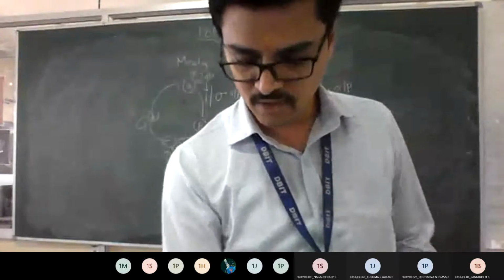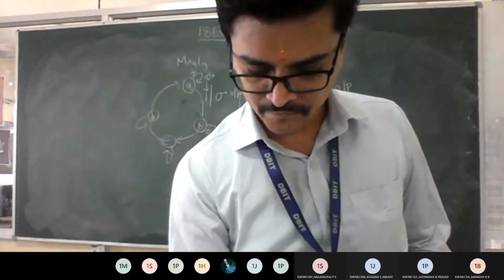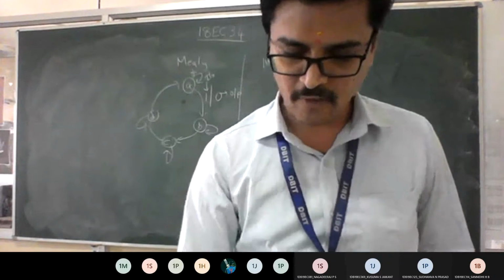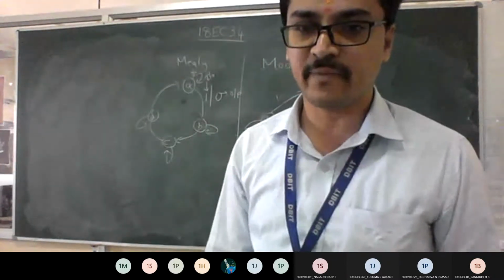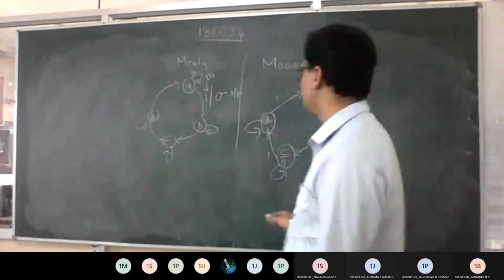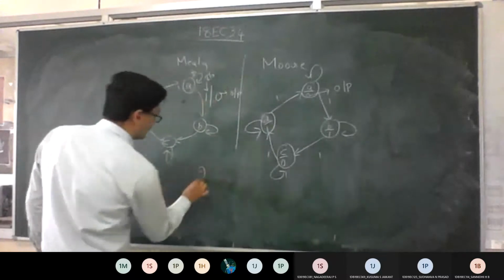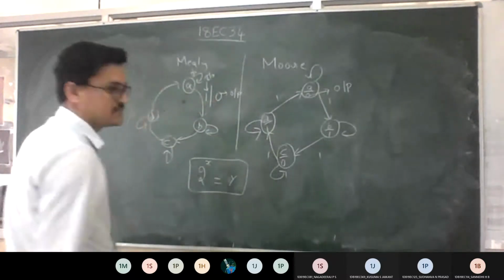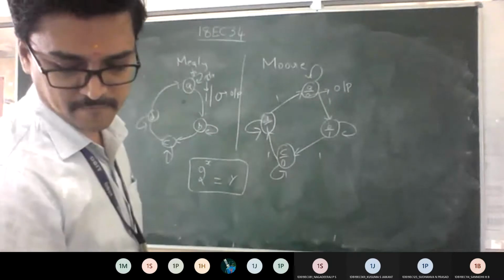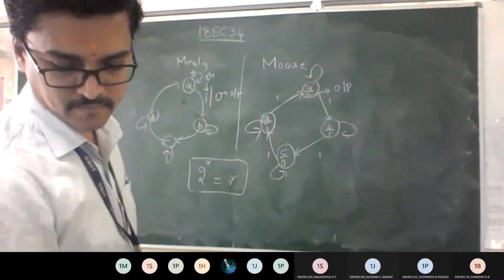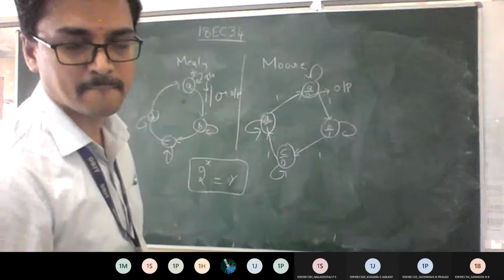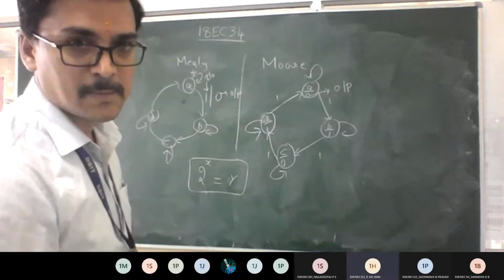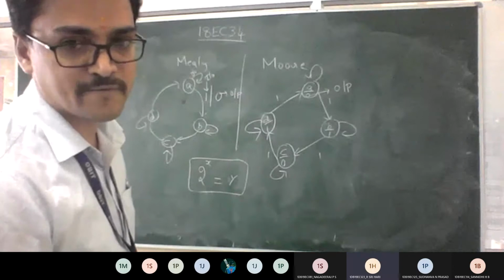Okay, now we'll move on to your problem. Before solving the problem, there is a formula to find the states and state variables: 2 power x is equal to y. Do you remember this state formula? x indicates the number of state variables, nothing but your flip-flops.